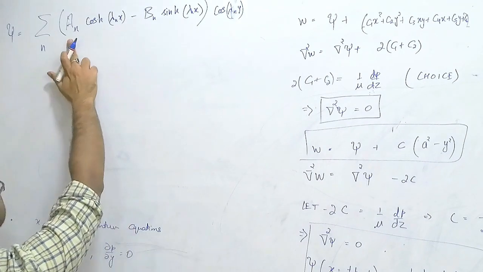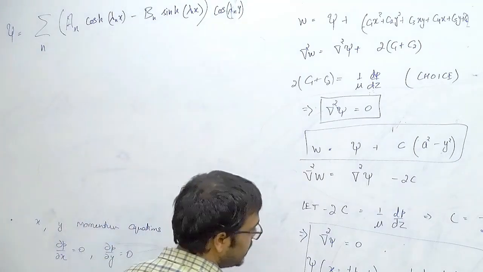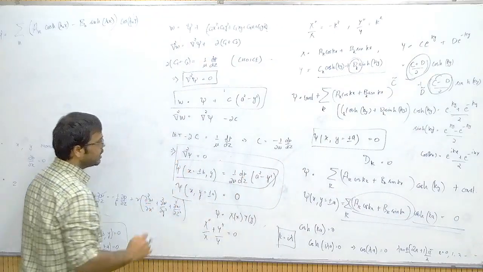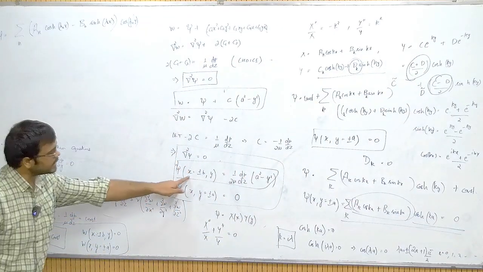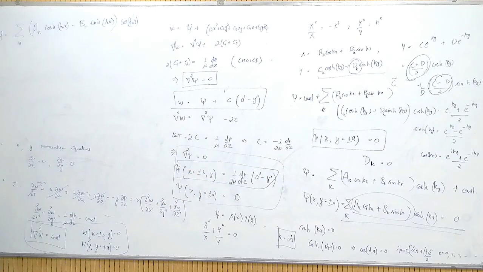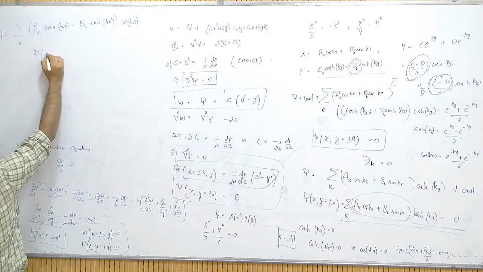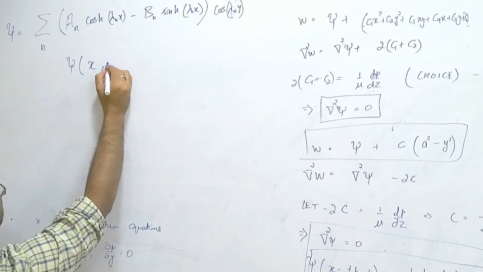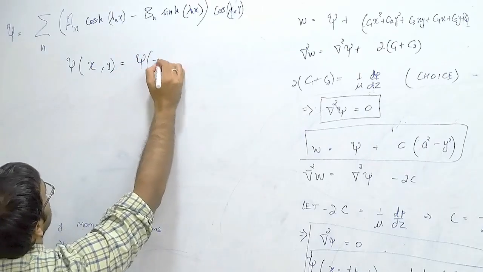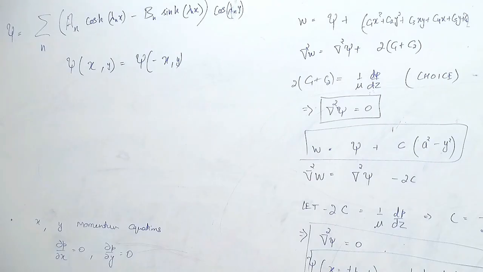So far we still have to find these a_n and b_n, and now we turn to boundary conditions in x. Again, boundary conditions in x are also symmetric, so it has to be an even function of x as well. So psi of x, y has to be psi of minus x, y.